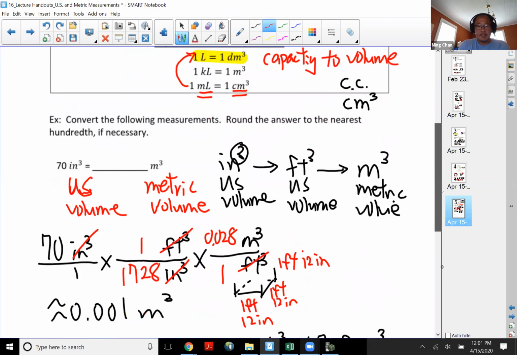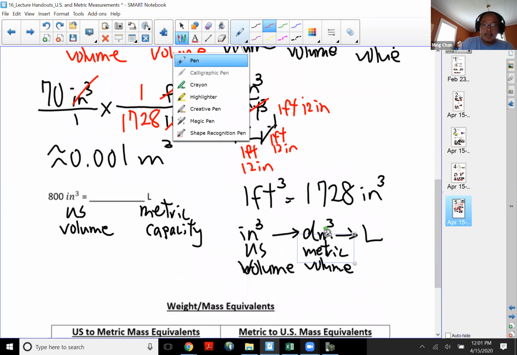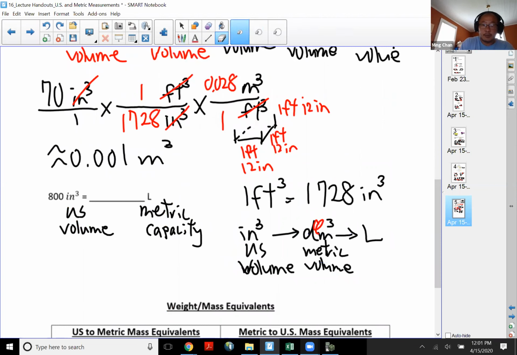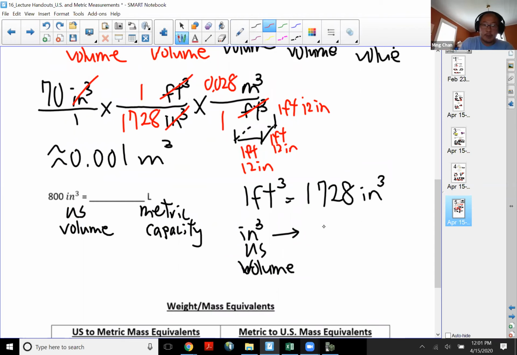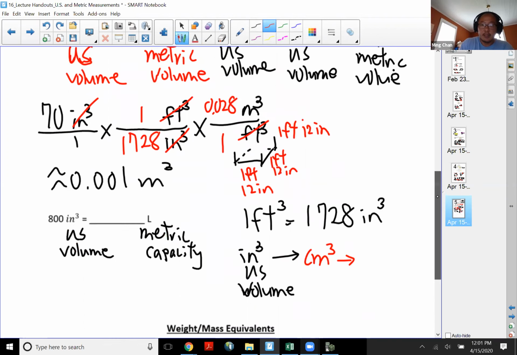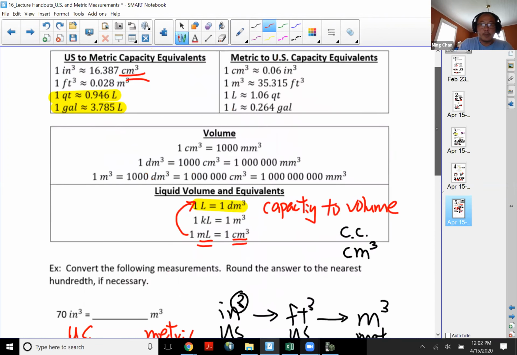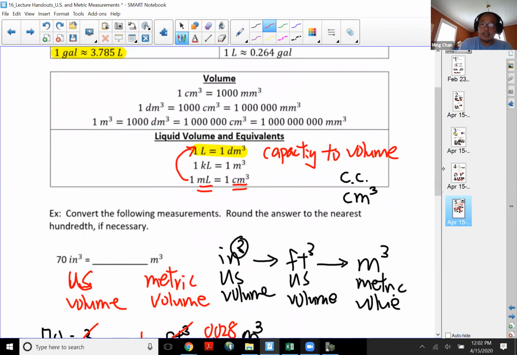Okay, so it turns out I actually need to go from cubic inch to cubic centimeter, and then go from cubic centimeter to what? To milli.